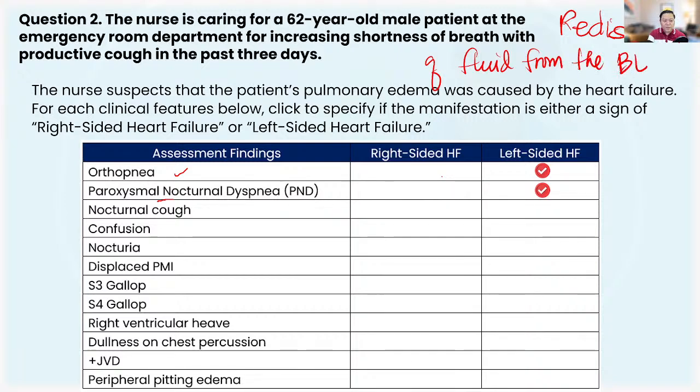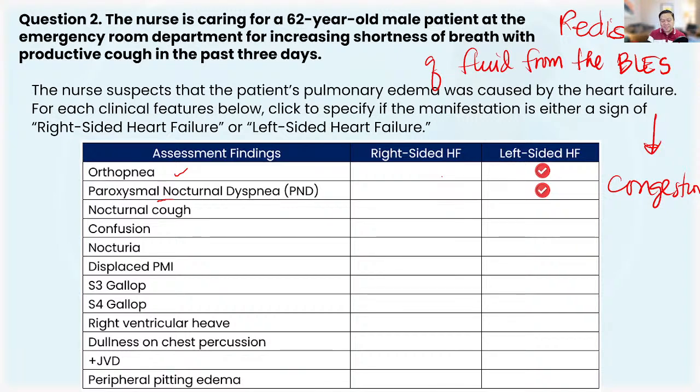From the bilateral lower extremities, okay? And then it will be going back into the pulmonary circulation, and that is why it will be overwhelmed, and this will cause the person to wake up immediately, okay? It will cause congestion in the pulmonary circulation, okay?